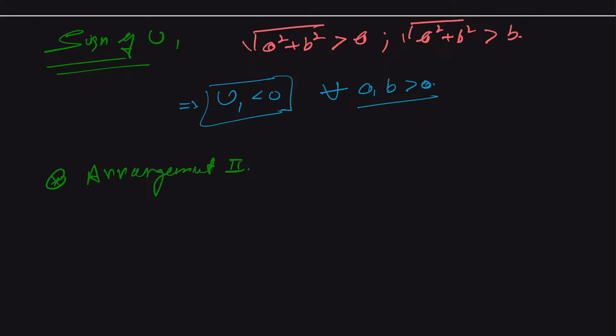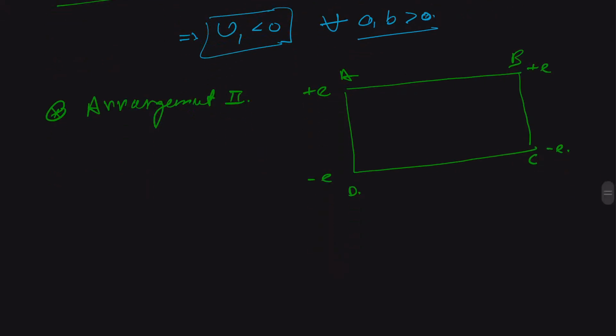In this arrangement, this was our A, B, C and D. Now in this case we arrange the charged particles so that this is plus, and this is minus, and this is also minus. Now the same particles are along the length. Or we can simply write this as plus E, minus E, plus E and minus E. This is the second arrangement of our charged particles.